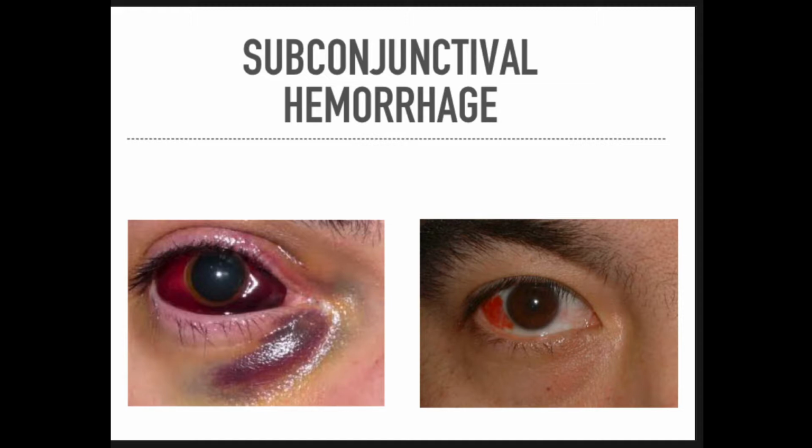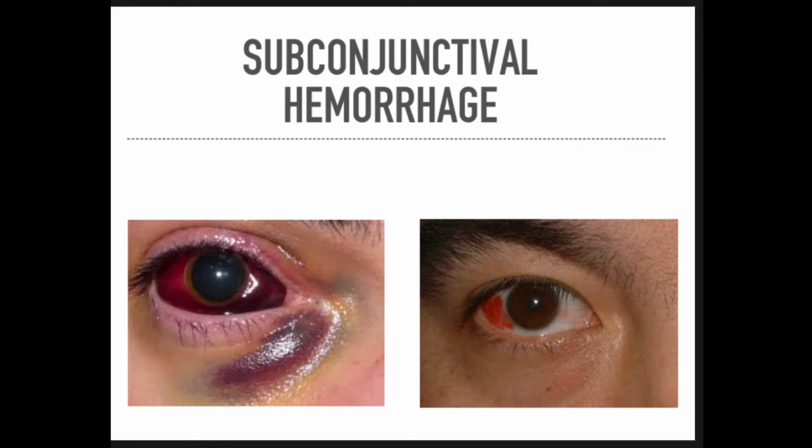We see a lot of this in our drunk patients who fell, or it can be caused by trauma too. If it is caused by trauma, do a proper eye exam, rule out open globe rupture, and you don't need to call the ophthalmologist for this if it's because of non-traumatic causes. Patients can go home if there's no trauma involved. It'll get better in 3 to 4 weeks. Spontaneously, the body's going to reabsorb the blood.